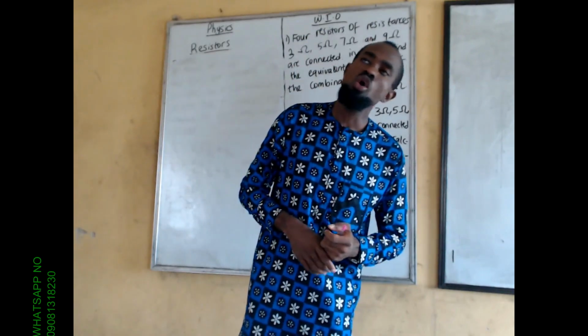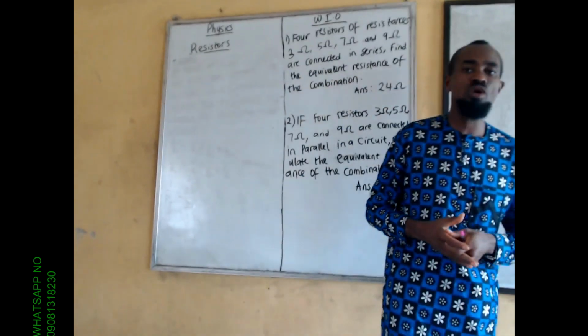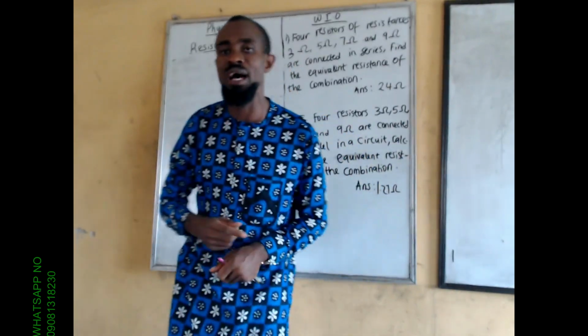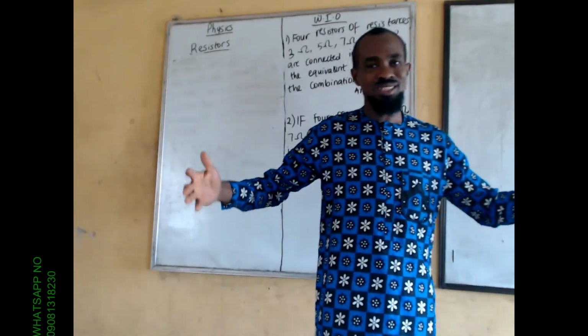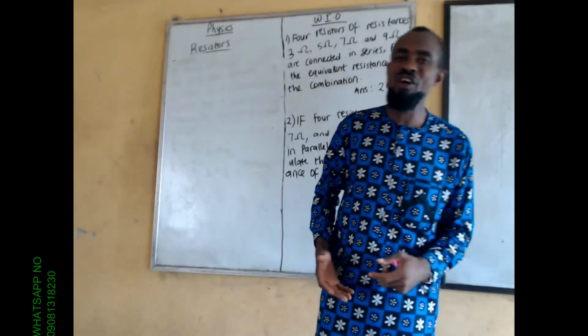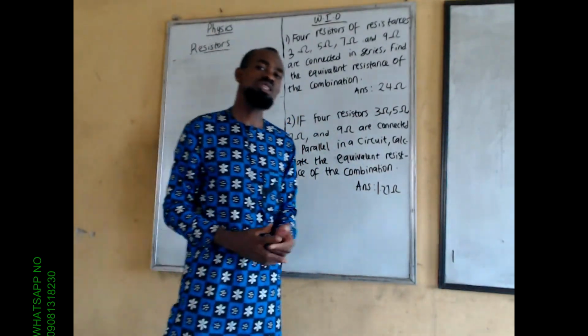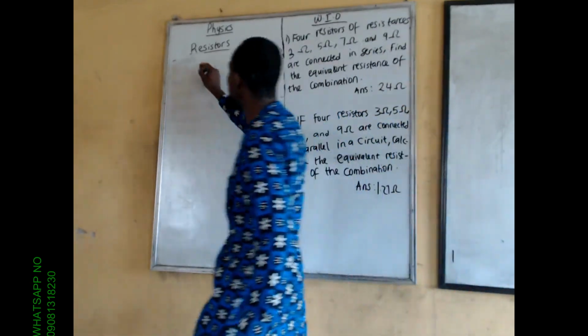What does Ohm's law state? Ohm's law states that the current flowing through a metallic conductor is directly proportional to the potential difference across its ends, provided temperature and other physical conditions are kept constant.